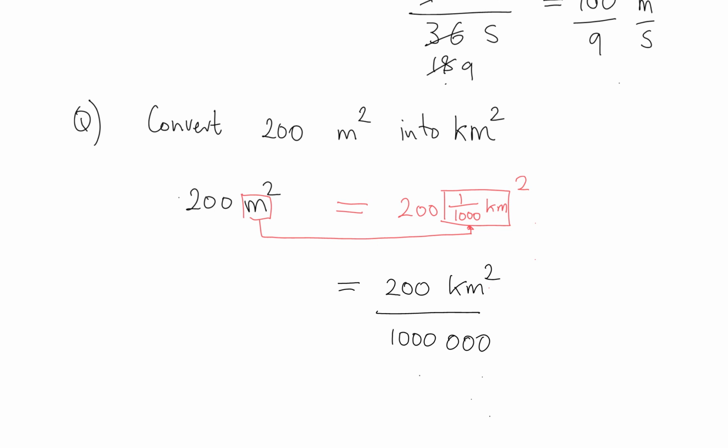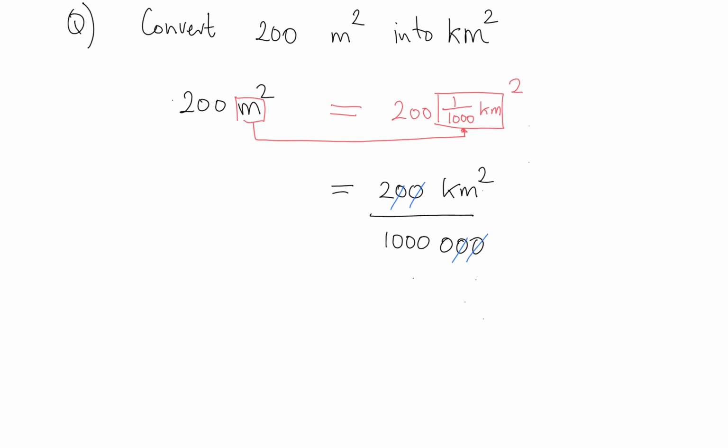So we're left with this, and now we can cancel down some zeros, and we're left with 2 over 10,000, which is the same as 1 over 5,000 kilometres squared.